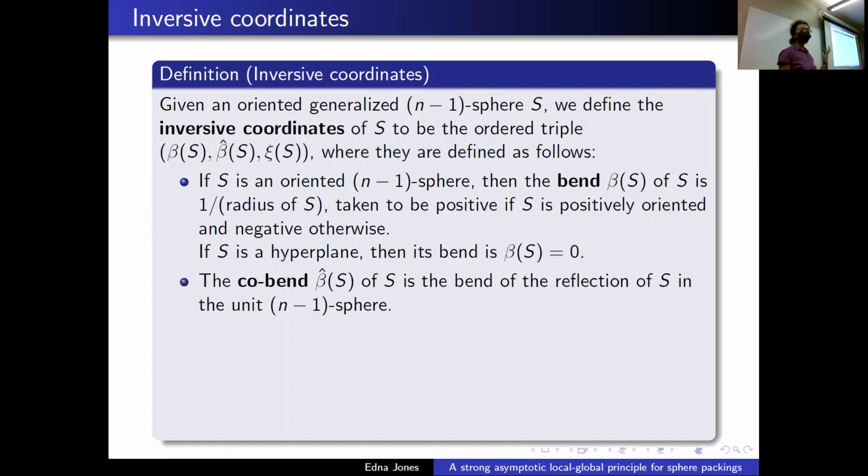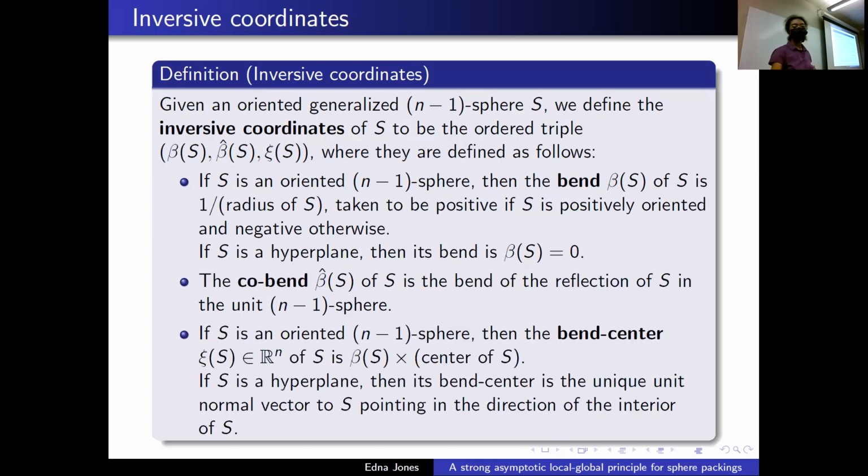The cobend beta hat of S is the bend of the reflection of S in the unit n-1 sphere centered at the origin. The Cassie is the bend center.